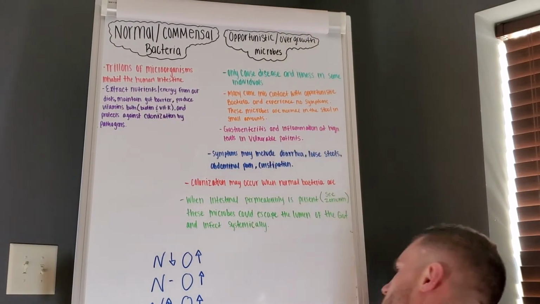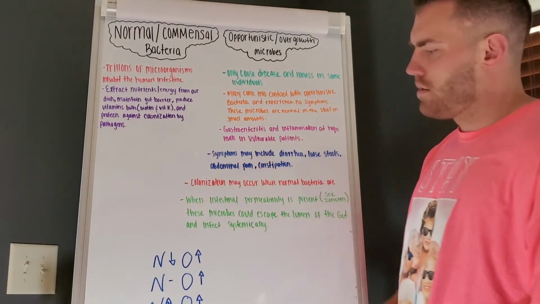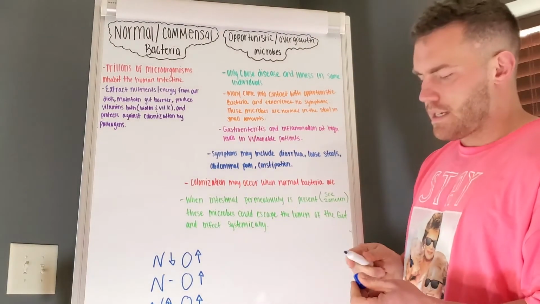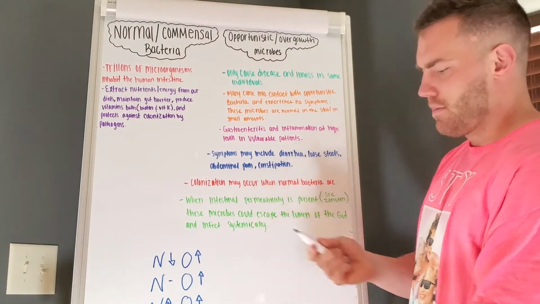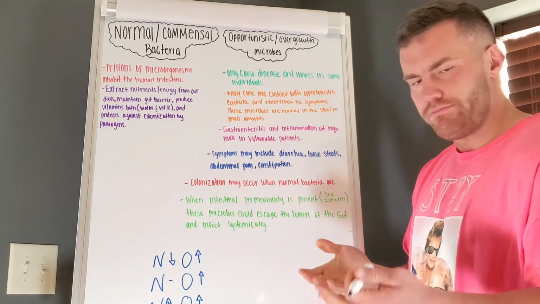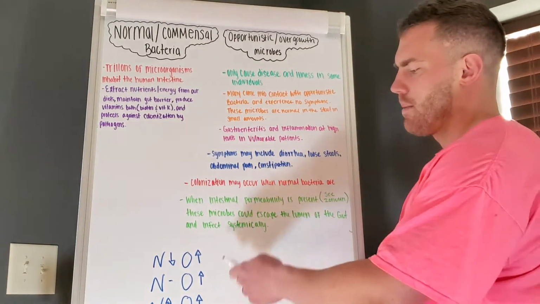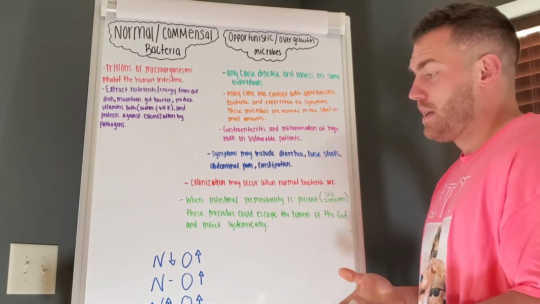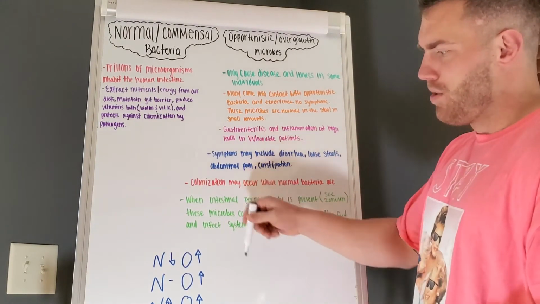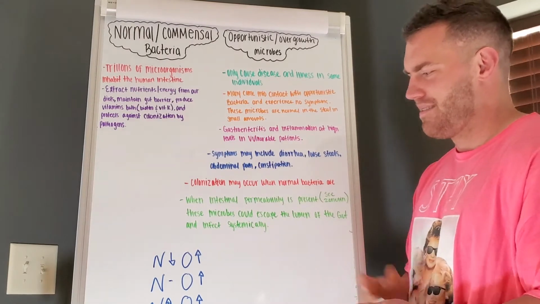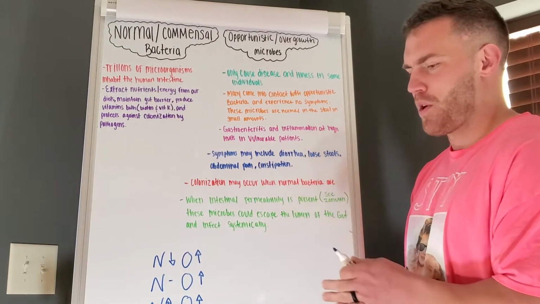Okay, so what you're seeing here: normal is low, opportunistic is high; normal is neutral, we'll call it, opportunistic is high; normal is high, opportunistic is high. Now obviously there could be some case where they're both low or both normal, but these are the ones we're going to talk about.